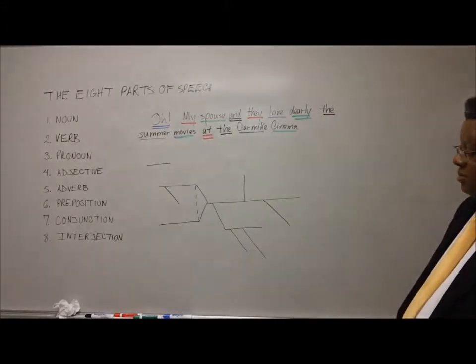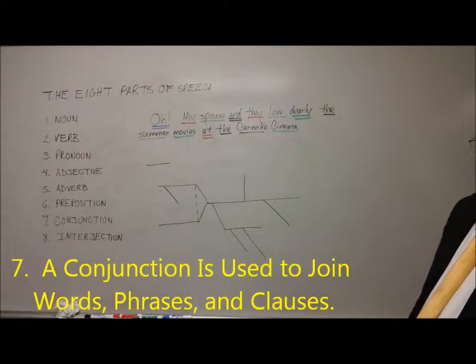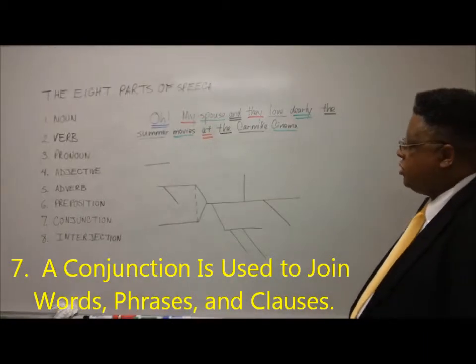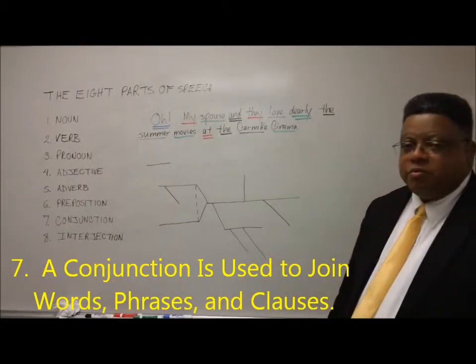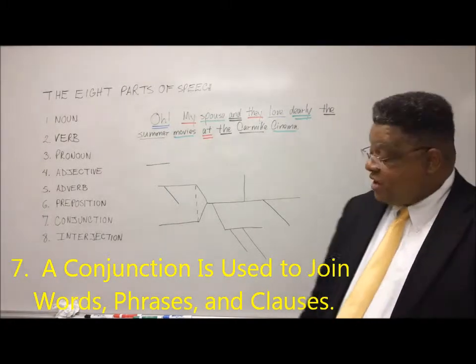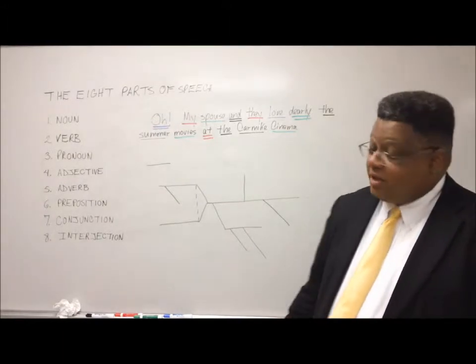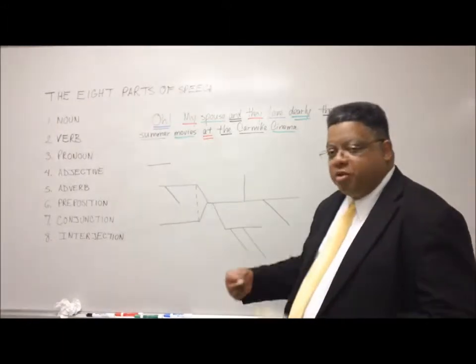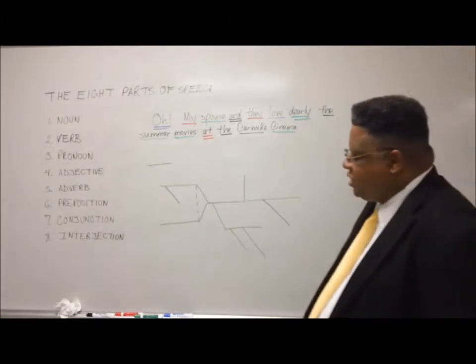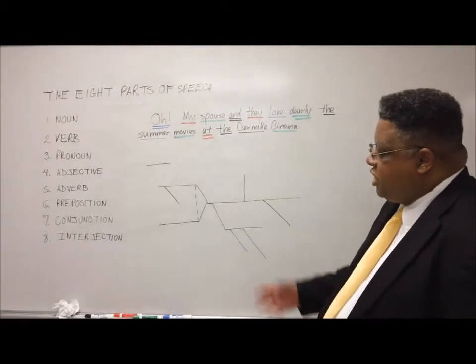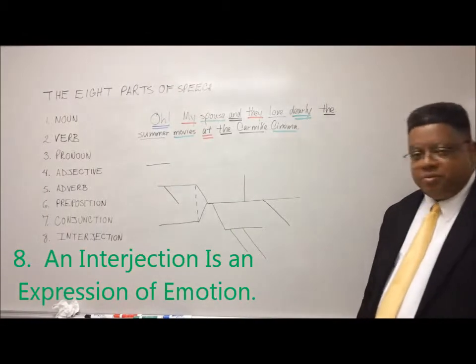Now, conjunctions are used to join parts of speech, such as nouns, verbs, adjectives, adverbs, sentences, phrases, etc. Conjunctions are joining words. They join things together. And an interjection is the expression of emotion.